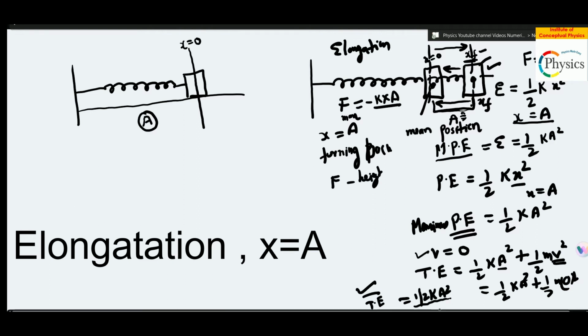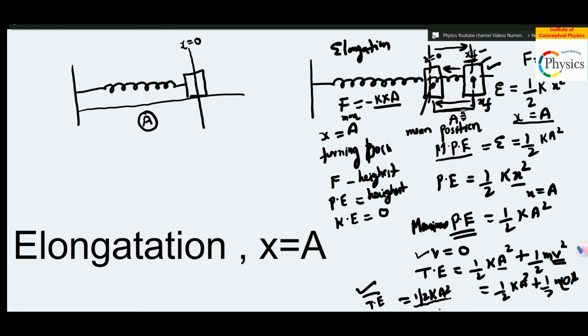It's the restoring force I'm referring to. The potential energy stored in the spring is highest. The kinetic energy in the spring is zero. The velocity of the mass is zero, so 100% of the energy is potential now.